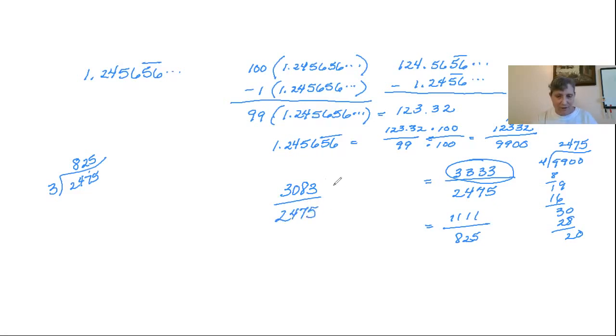I can double check this by saying 3083 divided by 2475 equals the original. Of course, it had to round off, but that's it. And would that reduce any farther? Now, I couldn't put the original repeating decimal in. Nothing that goes into 2475 will also go into 3083. So this is the simplified fraction.